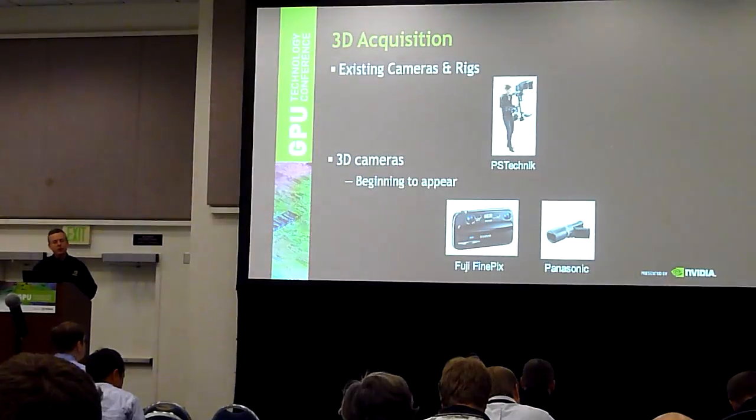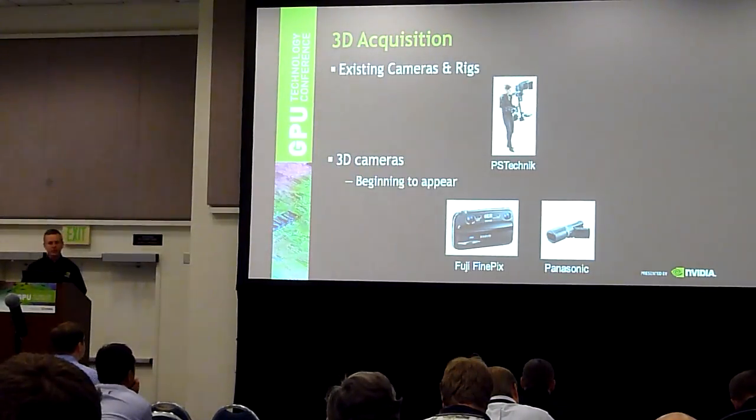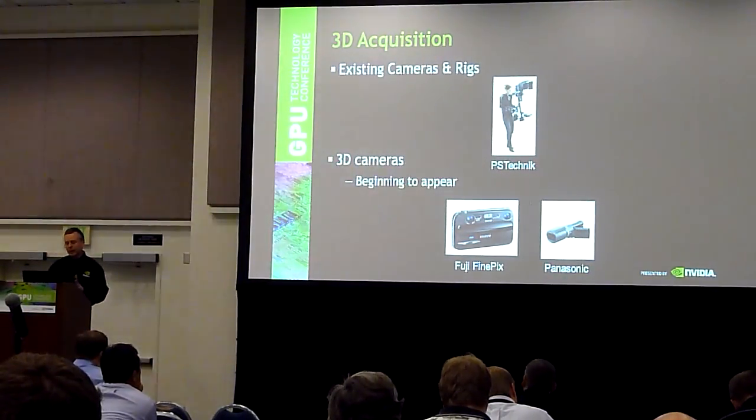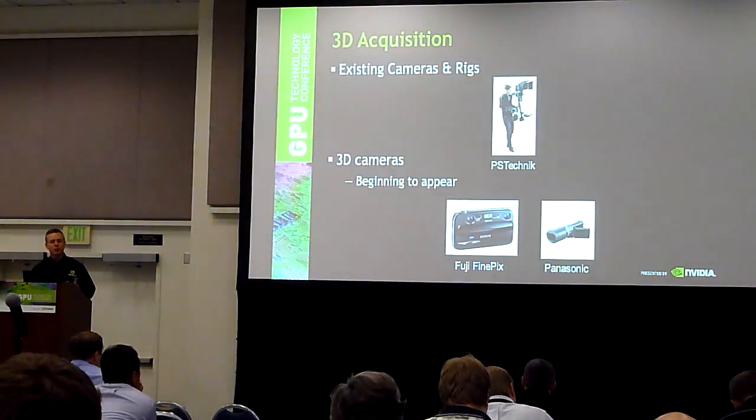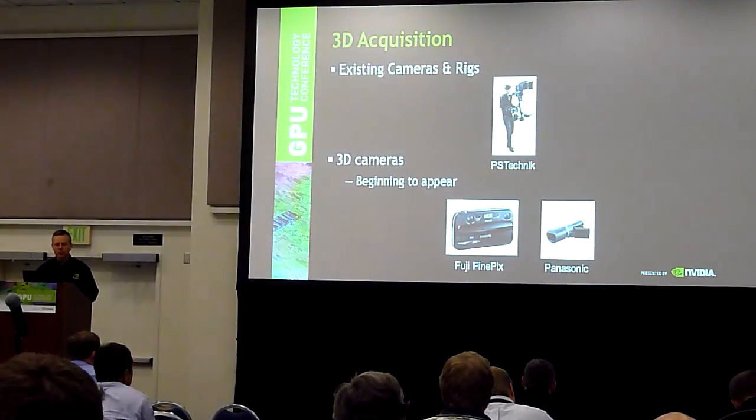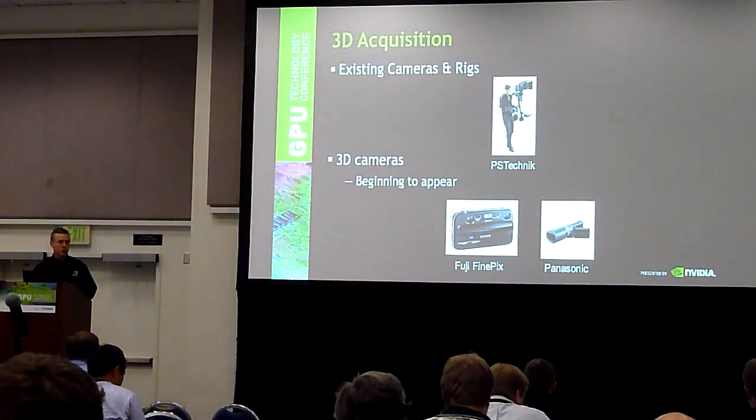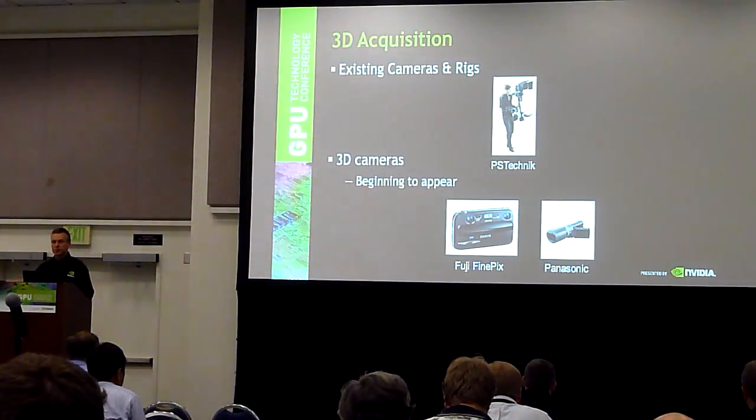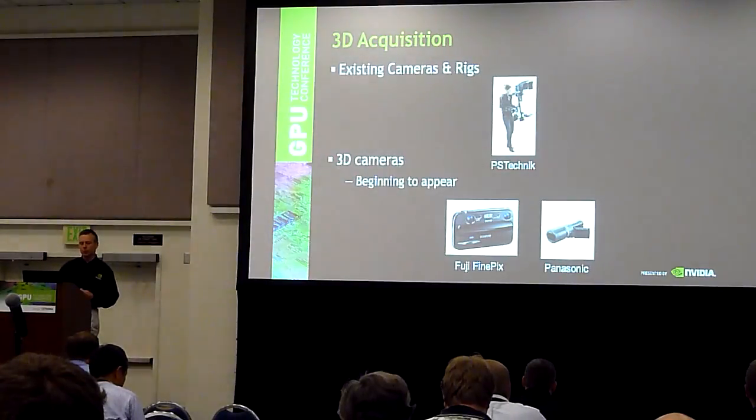So, moving on to the acquisition of 3D content, there are, again, different ways. At the more professional level, or prior to the emergence of 3D cameras that I'll touch on in a moment, you can certainly use two existing cameras to create 3D. Kevin's going to touch on this a little more in some of the production techniques.